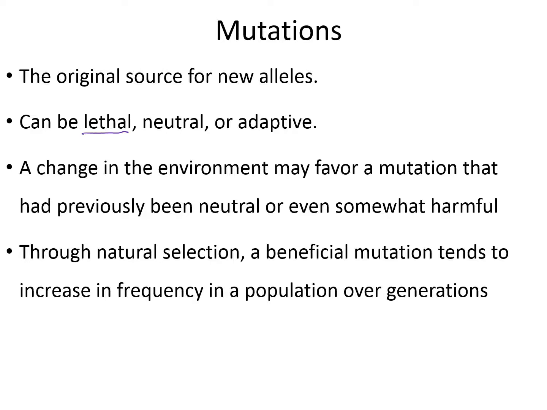They don't really have any impact at all on the protein product that is made. And in some cases, mutations can actually be adaptive. In other words, they have a positive impact on the survival of that organism. And over time, a population will change in a way that adaptive alleles increase in frequency. And so through that process of natural selection, adaptive alleles become more frequent in a population over time.